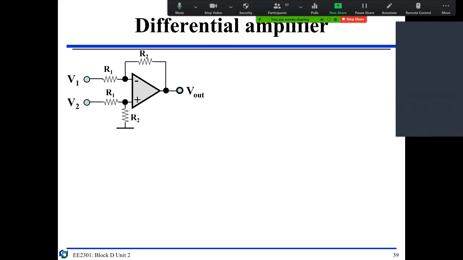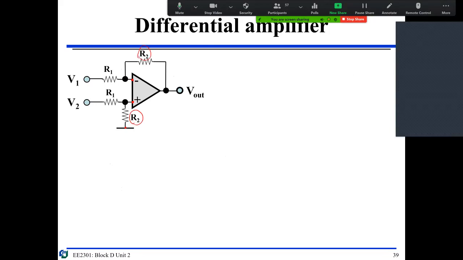The reason is that I amplify your differences. So you put one in the non-inverting terminal and another in the inverting terminal. Again, you put R2 in here to do the ground, and you also have R2 here. Do you see the symmetric manner, R2 here and R2 here?